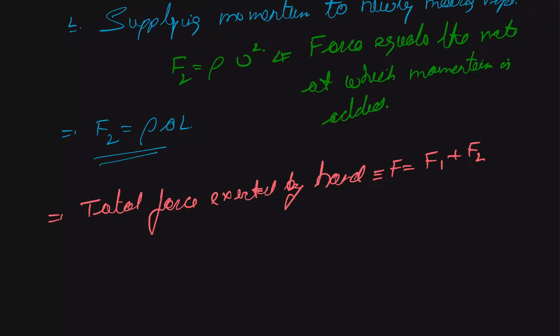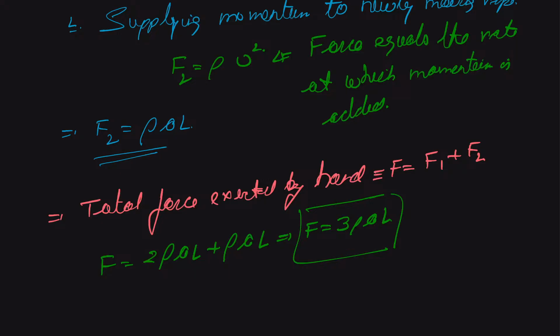We simply substitute the values, so we get F equal to 2 rho aL plus rho aL. This gives us that the applied force F is equal to 3 rho aL. So this is the applied force so that the rope becomes just straight. So now we come to our third question.